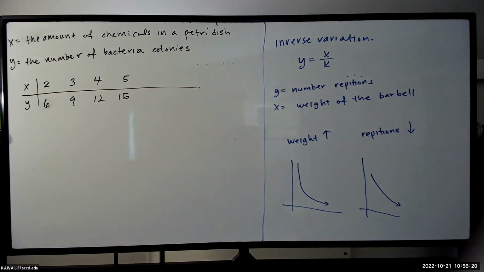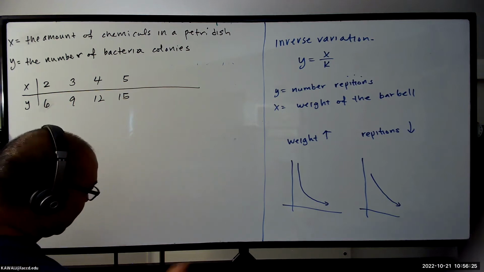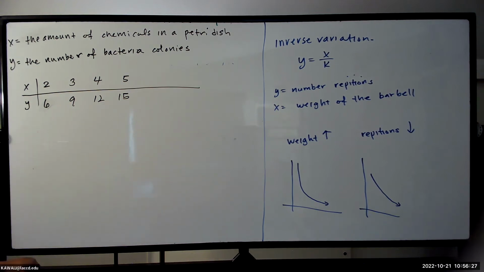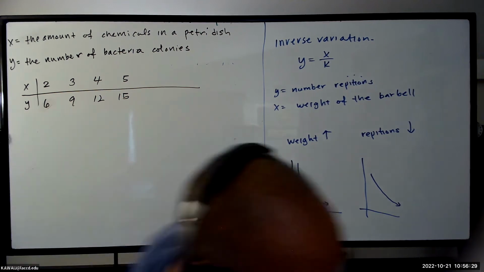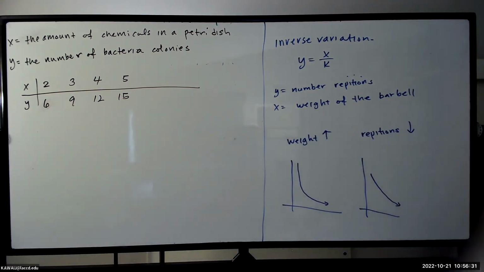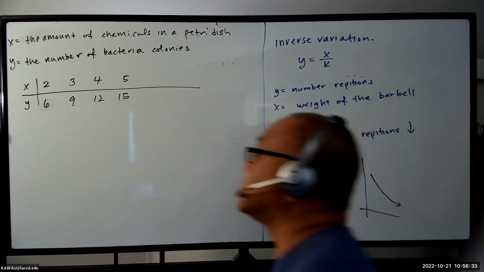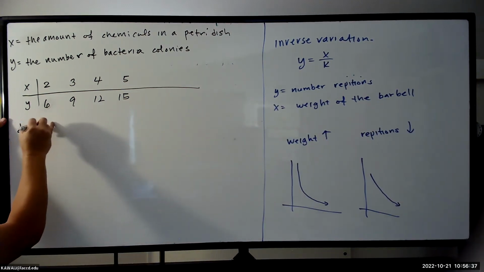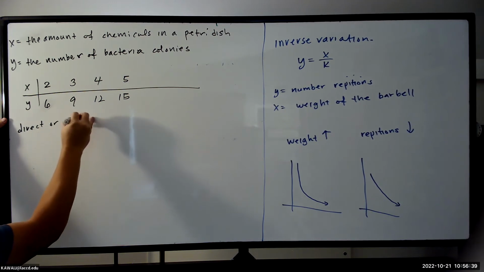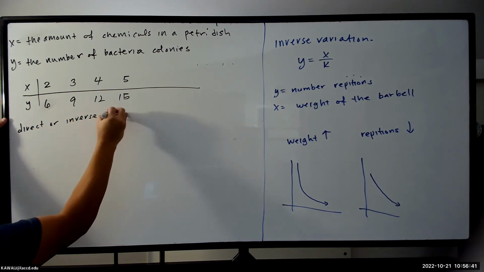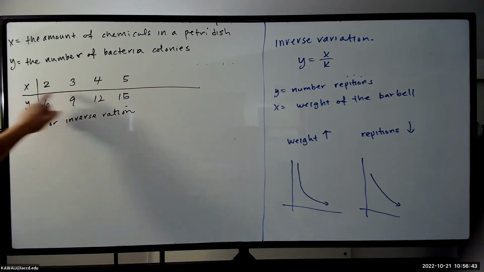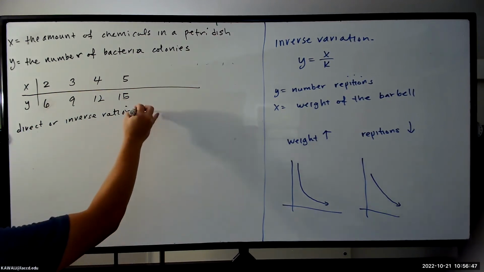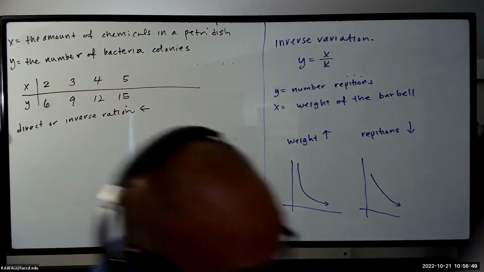Okay. Now I want to know is this a direct or inverse variation? Direct. The more chemicals, the more bacteria grows. Yeah, absolutely. Now they may ask you, what is the constant of proportionality?